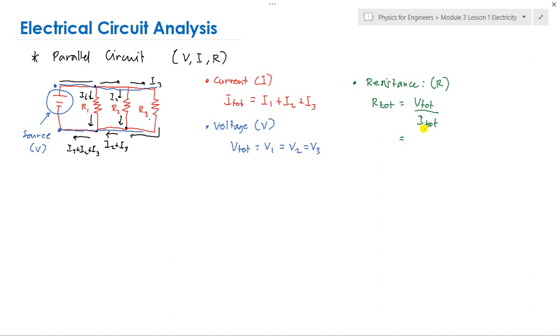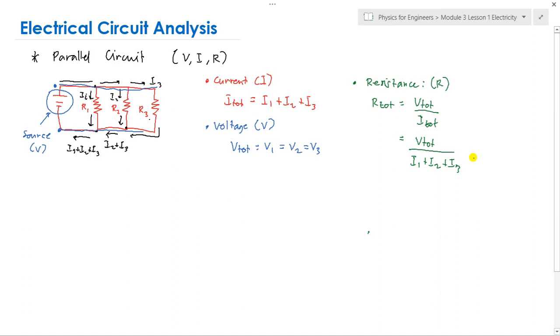So, here, ngayon ta, V total over I1 plus I2 plus I3.